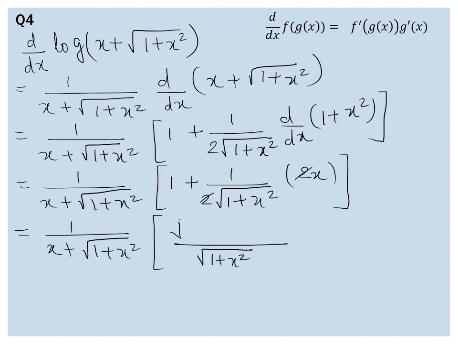So here root of 1 plus x square will be there and plus x. So the numerator here is x plus root of 1 plus x square. Here in the first term the denominator is x plus root of 1 plus x square. So cancelling, numerator and denominator remaining the same, the result is 1 upon root of 1 plus x square.